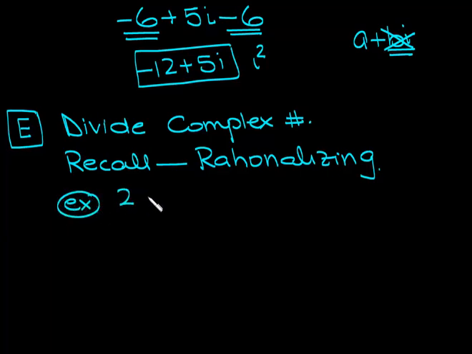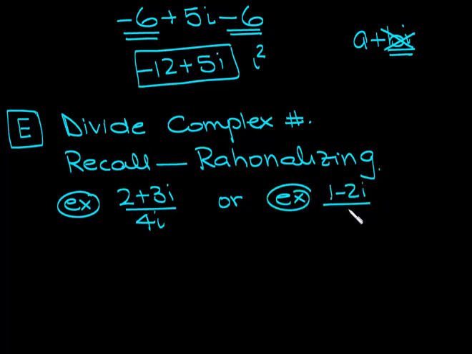If I have 2 plus 3i divided by 4i, or another example, I could have 1 minus 2i divided by 2 plus i.